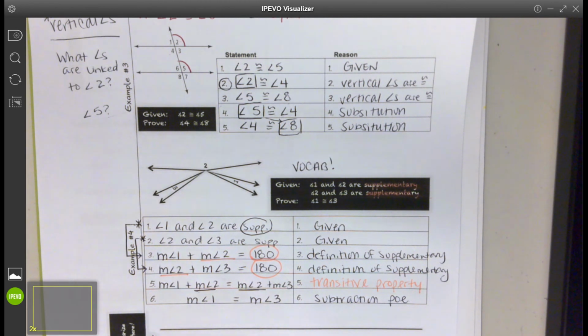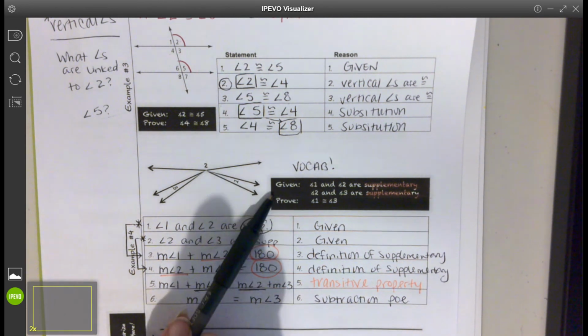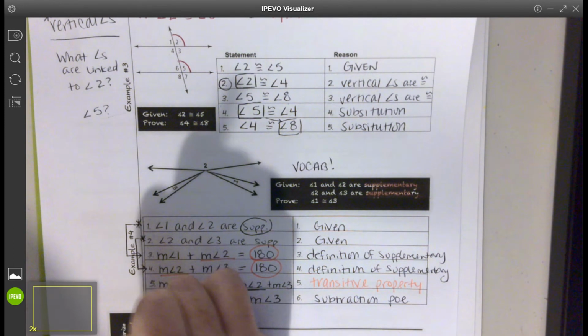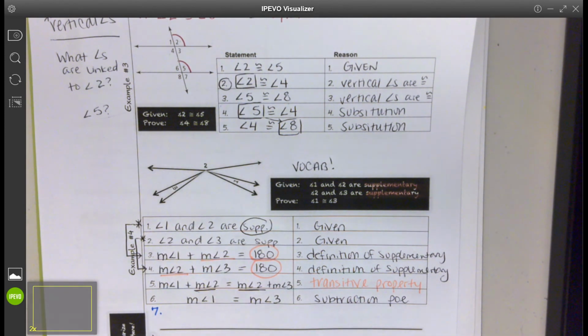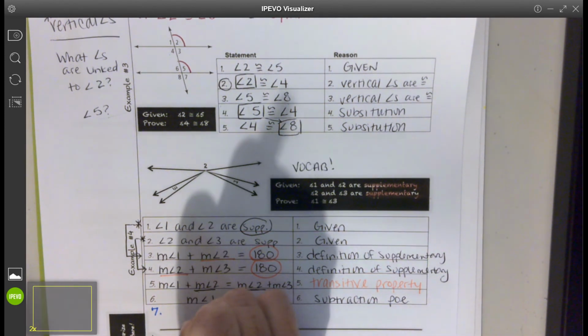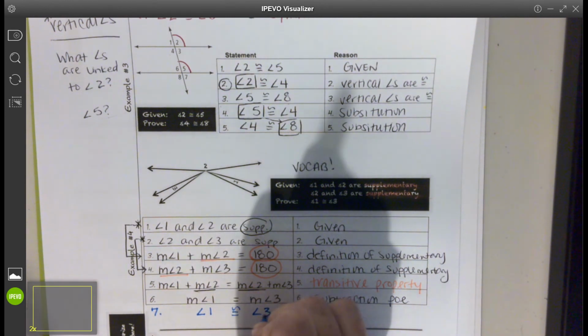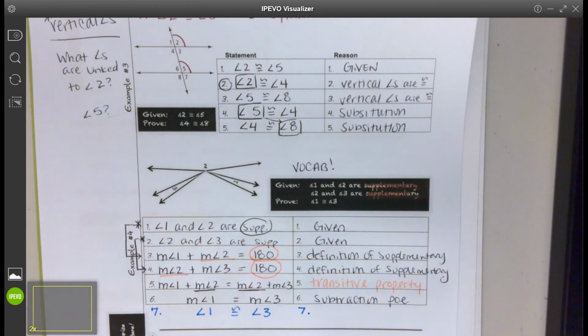Now, does our line 6 look like our proof statement? And the answer would be not quite. So I'm going to add a line because you can add a step if you need to. And I'm going to say angle 1 is congruent to angle 3. Why? So this is a little different.